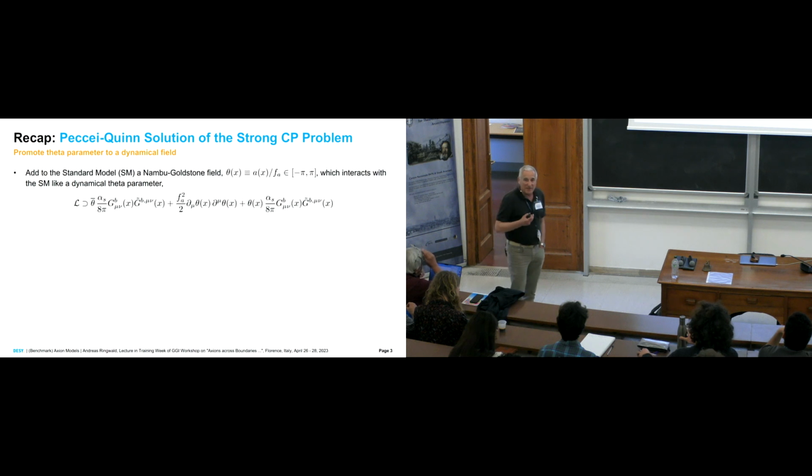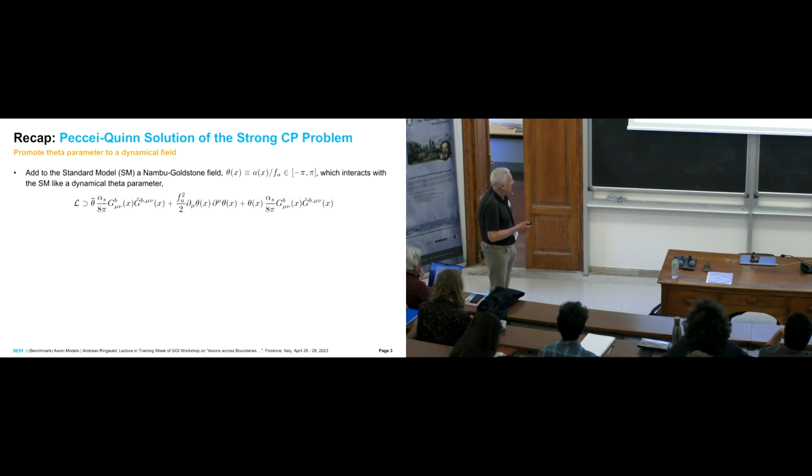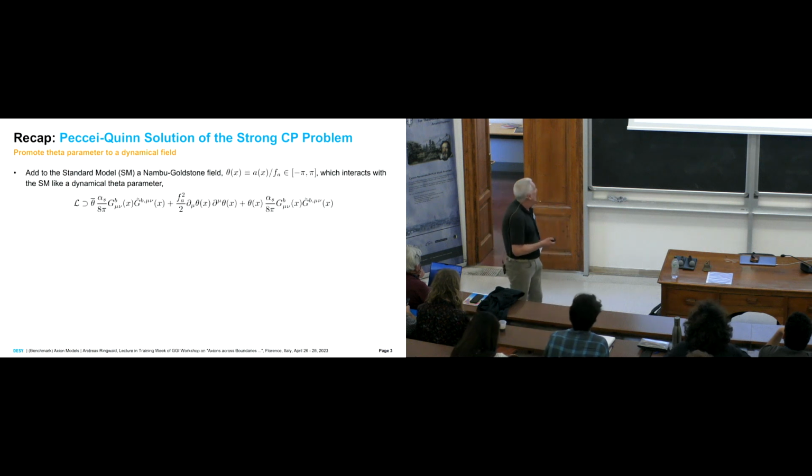So let's start with the recap of the Peccei-Quinn solution of the strong CP problem. It's based on the fact that one promotes the theta parameter of QCD to a dynamical field.